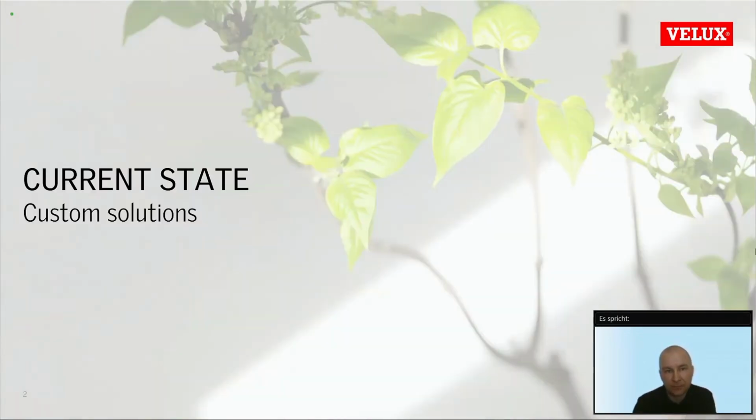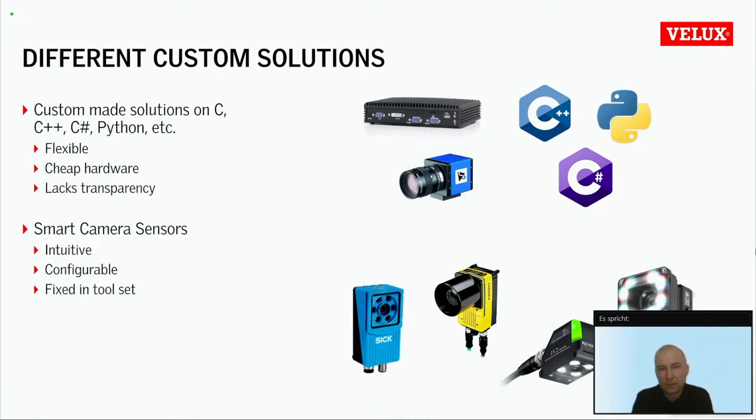Our current state in Velux, and that is still the case, is that the vision systems we have are custom solutions. A lot of vision systems are built in different programming languages, C, C++, C#, Python, etc., and running on different hardware, both camera-wise and industrial PC-wise.